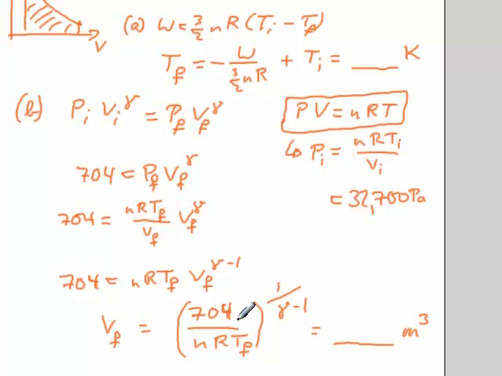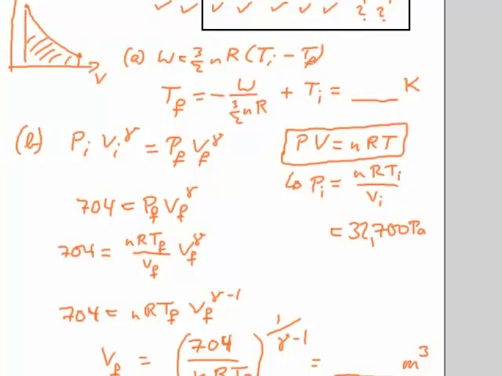So parentheses 704 divided by 1 mole times 8.31 times the 327 kelvins that I just calculated, close the parentheses, and then to the 1 over 5/3 minus 1, and I have to close several parentheses, and I come up with a rounded 0.132 cubic meters, and that's what I said earlier, that the volume of course has to become larger as it expands.